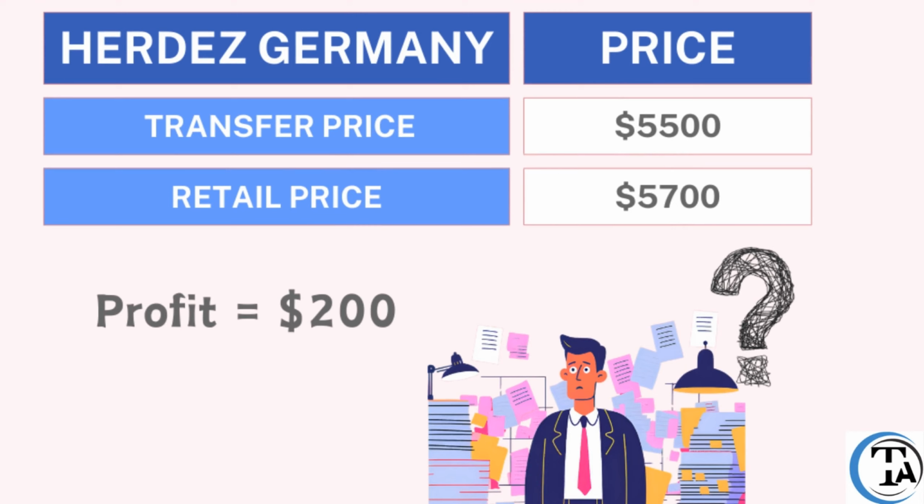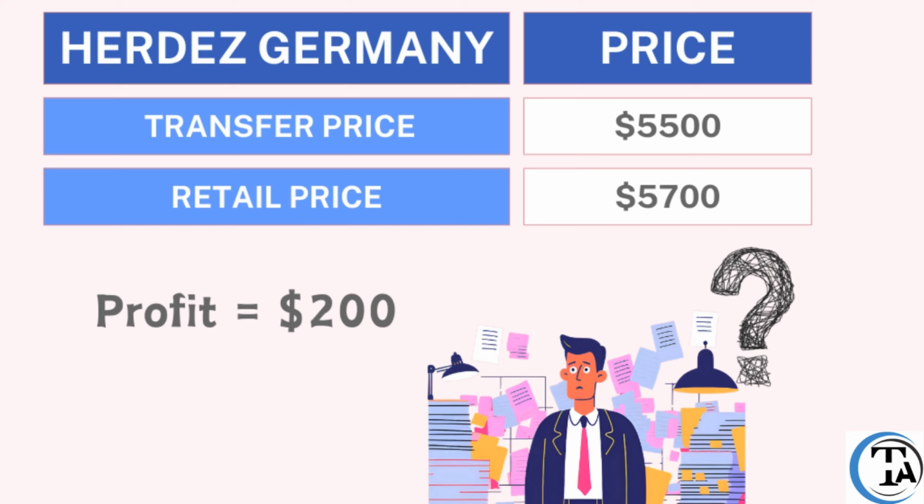The German administration considers that the transfer price should be set at $5,500 so that Herders Germany's unit shows the group's $200 profit that it will be liable for. This is a problem for Herders Sweden as it's already paying tax in Sweden on the $200 profit per bag as shown in its account.